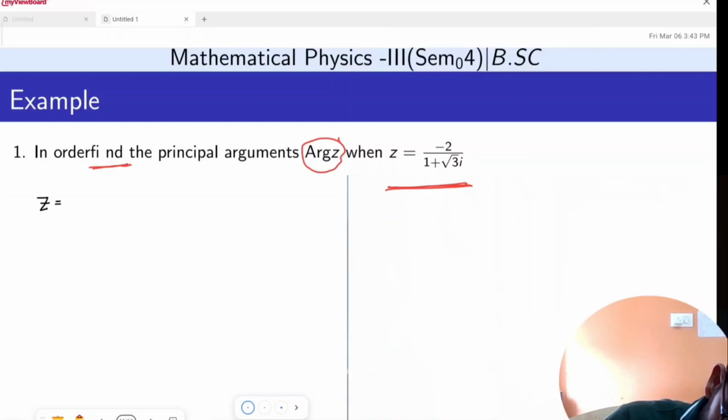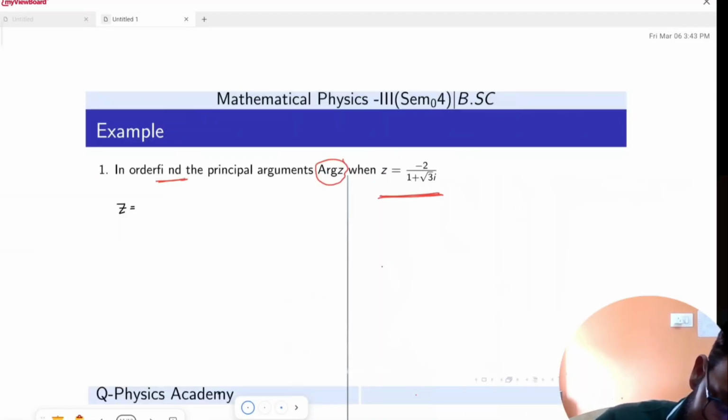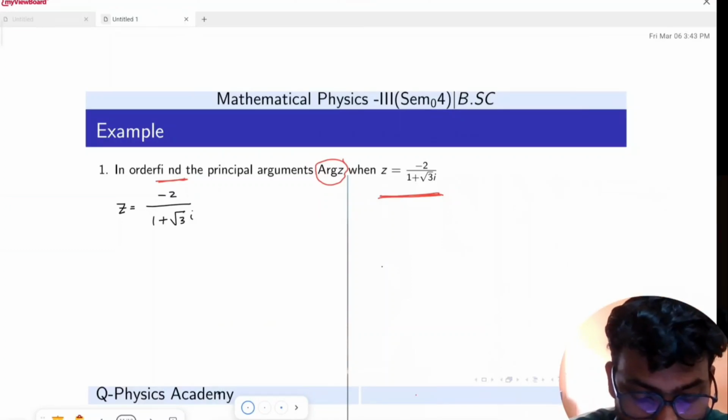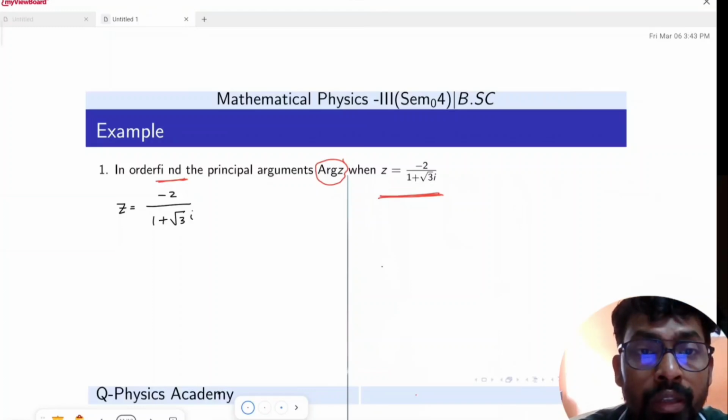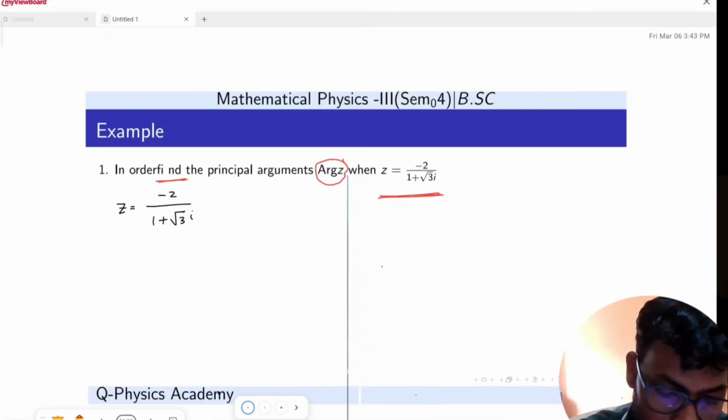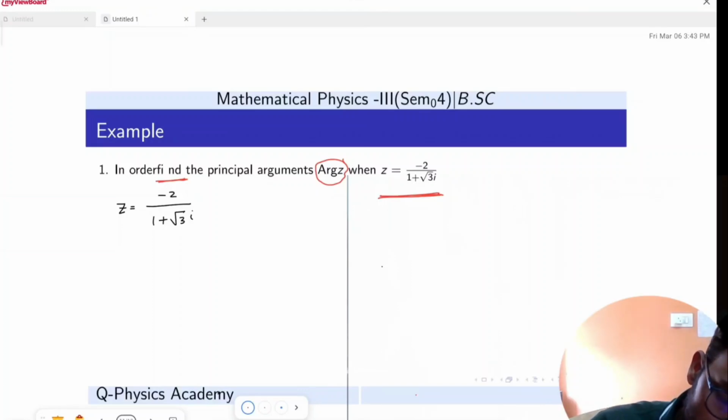So z is equal to minus 2 over 1 plus root 3i. We want to calculate the argument of z.